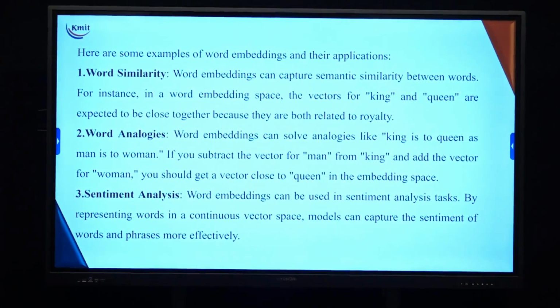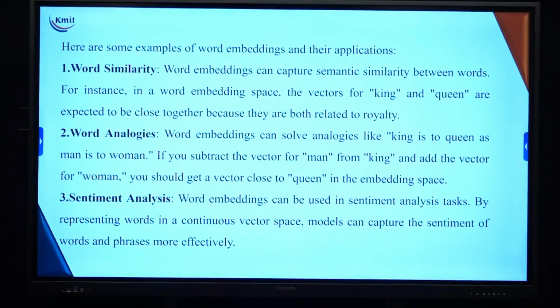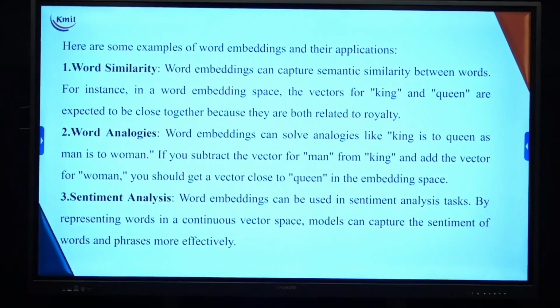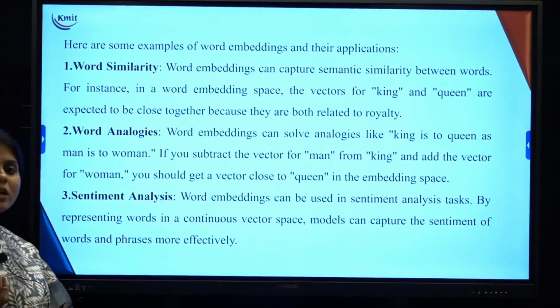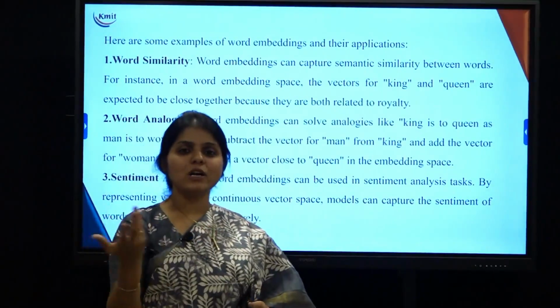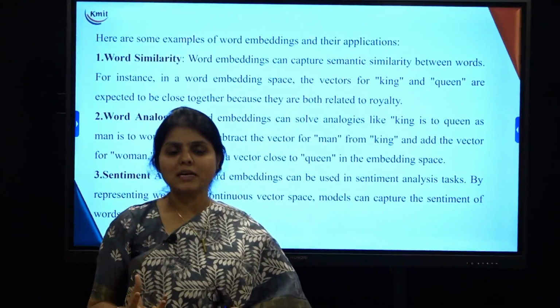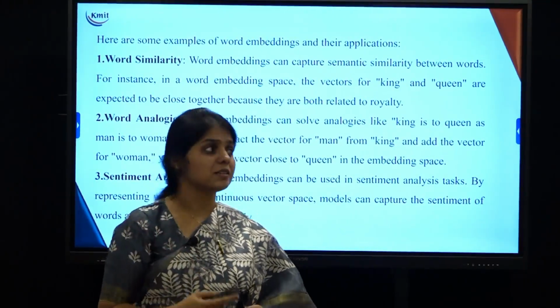Now here are some examples of word embeddings and their applications. Word similarity: when you want to capture similarity between words, again we go for word embeddings. For example, the two words king and queen belong to a category called royalty, right? Both of them belong to that class, so they have some meaningful similarity.